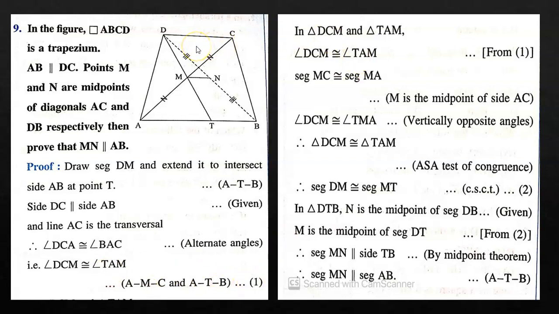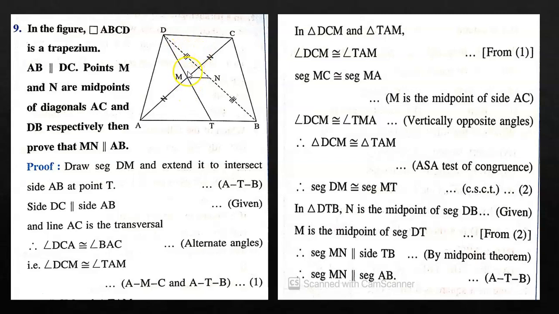Therefore, in triangle DCM and triangle TAM, I have angle DCM congruent to angle TAM from statement 1. Segment MC congruent to segment MA, because M is the midpoint of AC. And this angle, please rectify this, is supposed to be angle DMC. So angle DMC is congruent to angle TMA, vertically opposite angles.